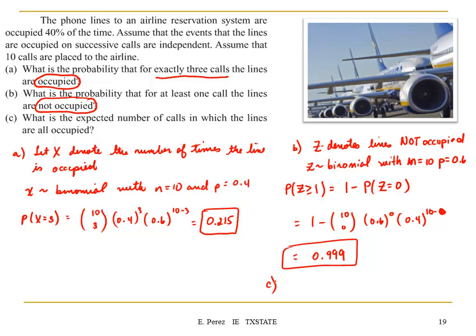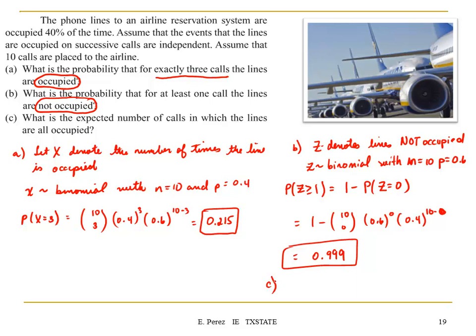So, expected number. That word should sound familiar, right? Expected. What is the expected value, in other words? So what is the expected number of calls in which the lines are occupied? Okay. Nobody else wants to give it a try? It's very simple.